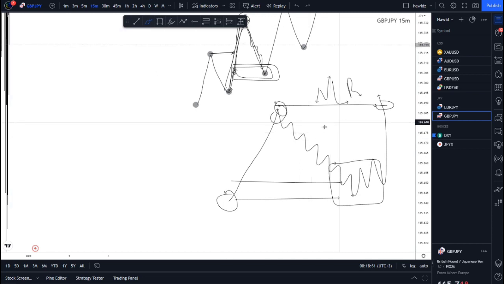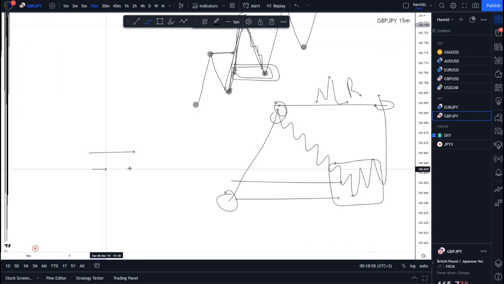Now let's get back into it. So from this area here, all we need to see is that, assuming this is our demand zone and price is now making its way into here, this was an intermediary downtrend, hence all we need to see is the shift of this downtrend into a bullish trend to confirm that price is no longer pushing bearish, but in turn it's shifting bullish.